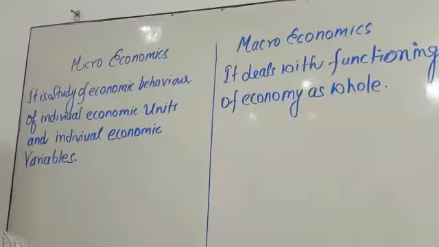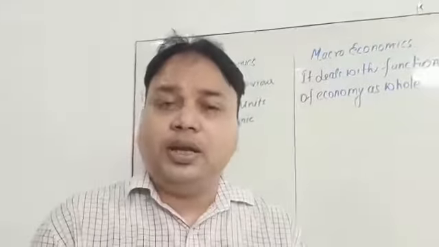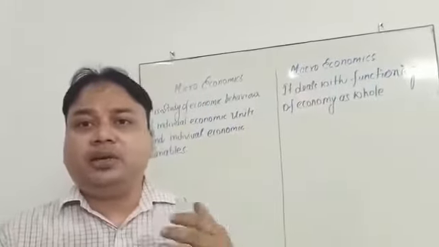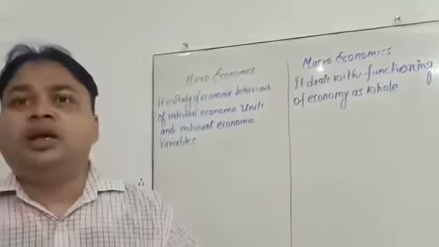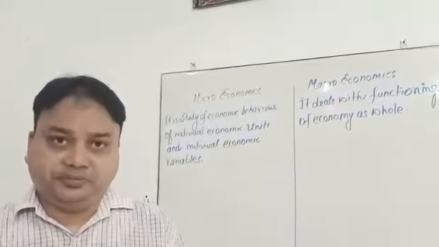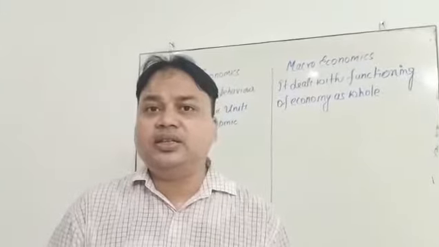For example, any firm or factory is called an individual unit which produces goods. When we study individual units, the variables are related to production. Cost and price are the variables.